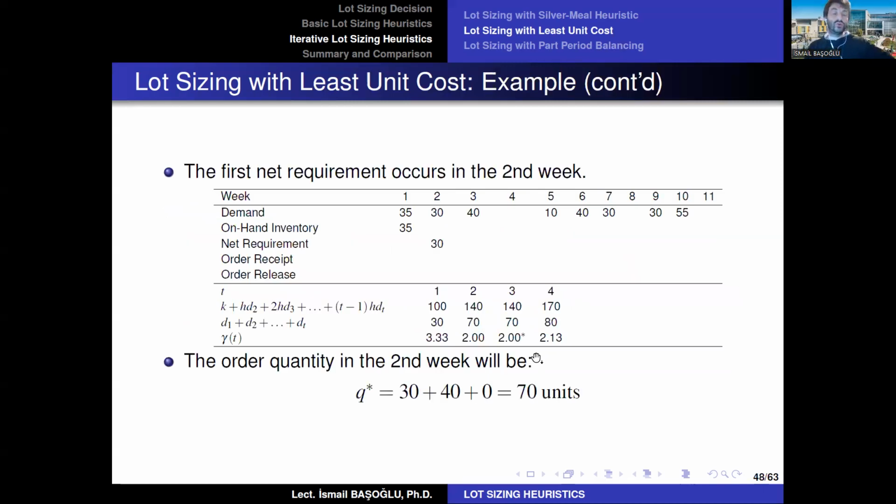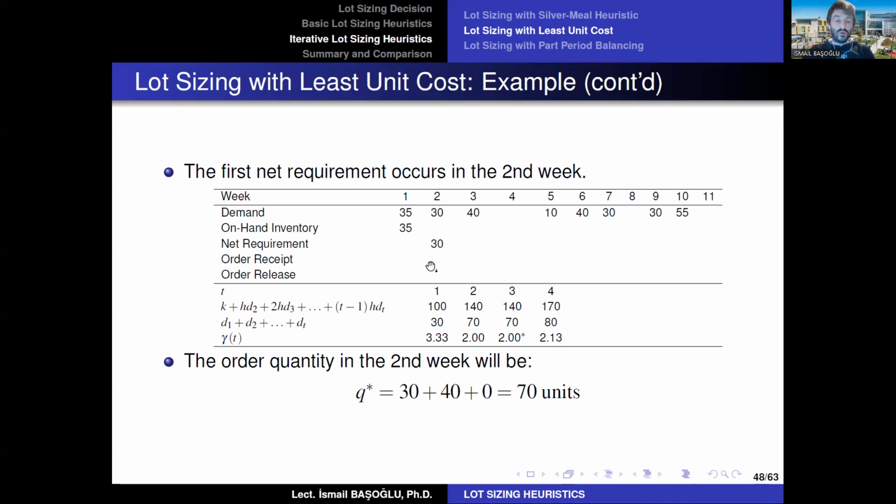So let's solve the same question based on the least unit cost heuristic. Remember now, our first net requirement is observed in the second period. So this is the first period for this order, okay? So we need to plan an order receipt in the second period, and right now this is the first period in our problem, okay?